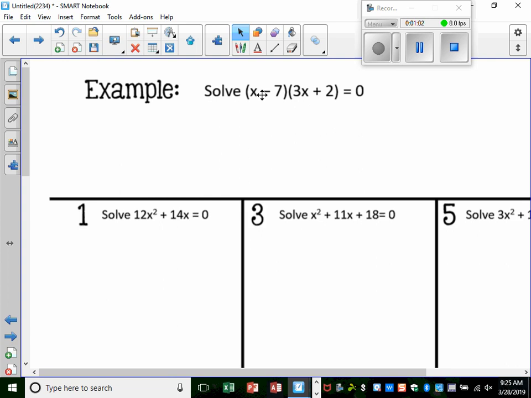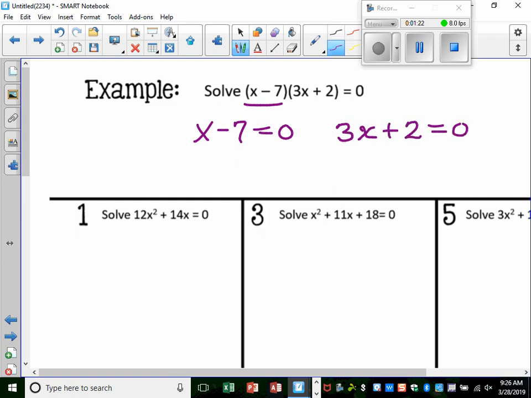After you factor, you're going to set each one of these factors equal to zero. That means take each one individually and set it equal to zero. Once you have it equal to zero, obviously you're going to solve the equation.